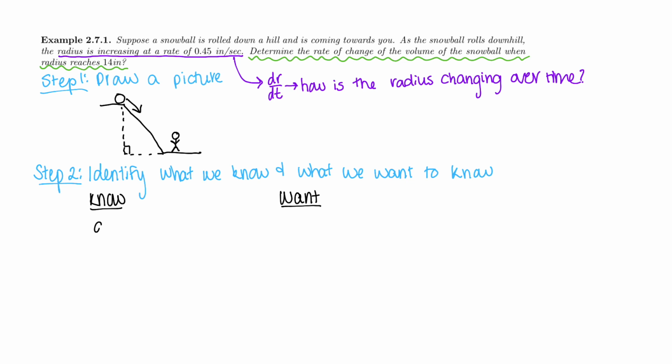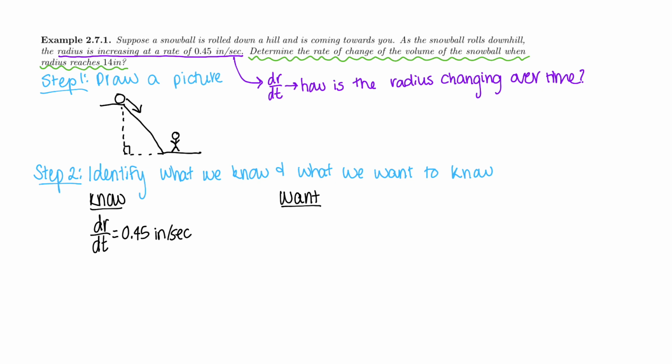Here, dr dt is how the radius is changing over time. It's increasing, so this should be positive, at a rate of 0.45 inches per second. This is what I know. It's the only thing I really know in terms of numbers.